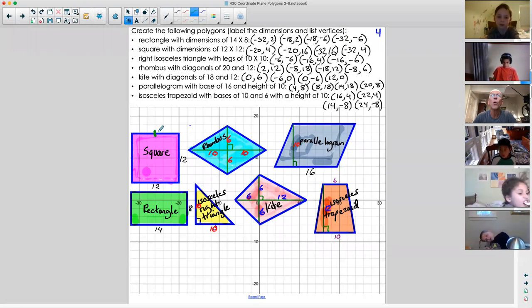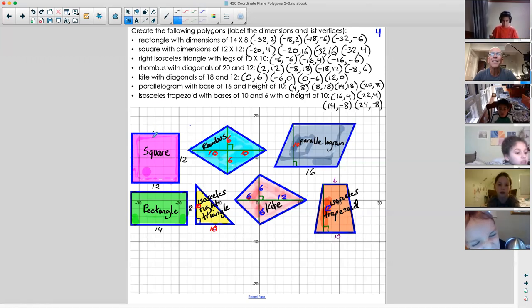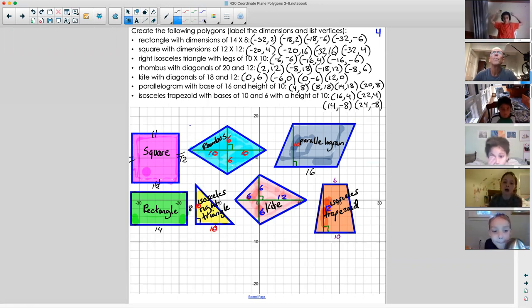Hold on a second, Jack. So Jack said that the sides of a square are all equal. And we can put these little tick marks on each side as long as they have the same number. Jack, what else do you know about a square? Claire, what else does a square have?